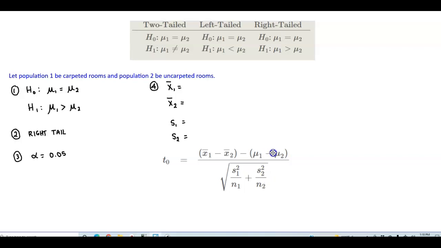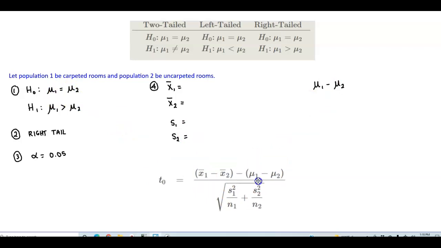And then we also need to determine mu1 minus mu2. Well, what do we know? If we look at our null hypothesis, this is what we're looking for, mu1 minus mu2, and I'm going to write that down here so we know what that's going to equal.